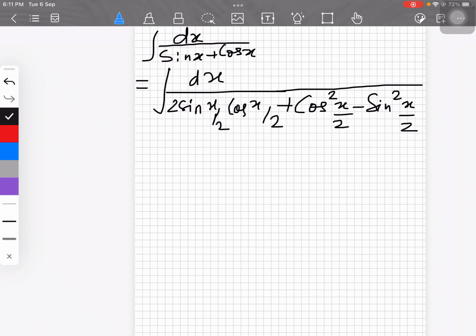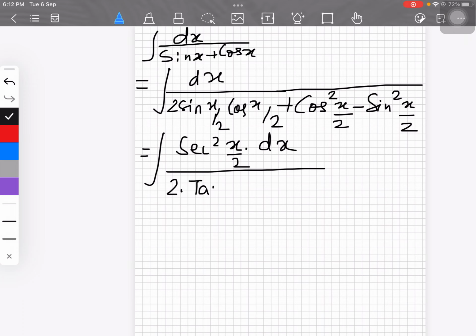Now what we can do is divide and multiply the denominator by cos square x over 2. What we get after that is sec square x over 2 dx, since 1 over cos square x over 2 is sec square x over 2, and below that we'll have 2 times tan x over 2.